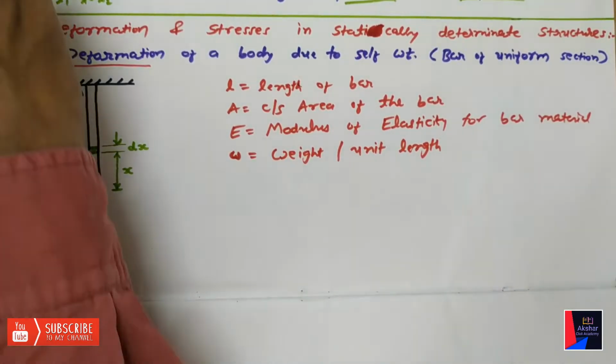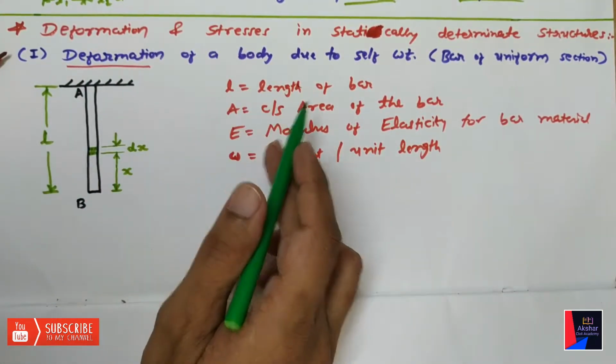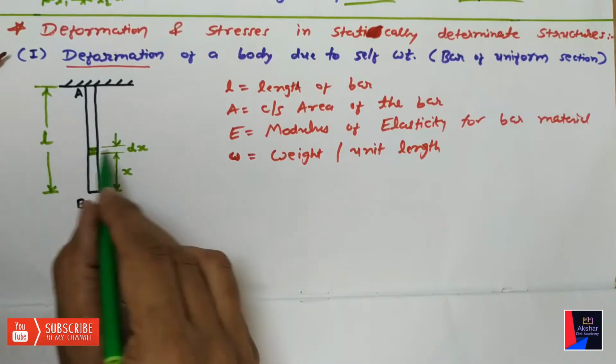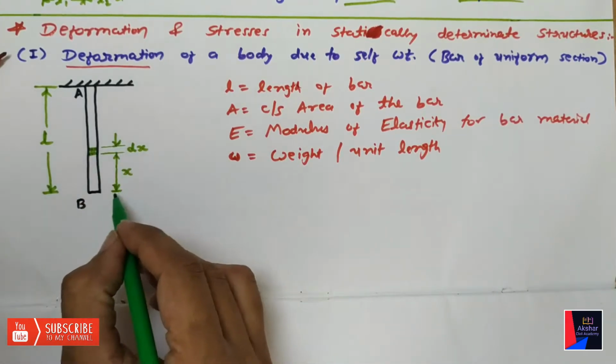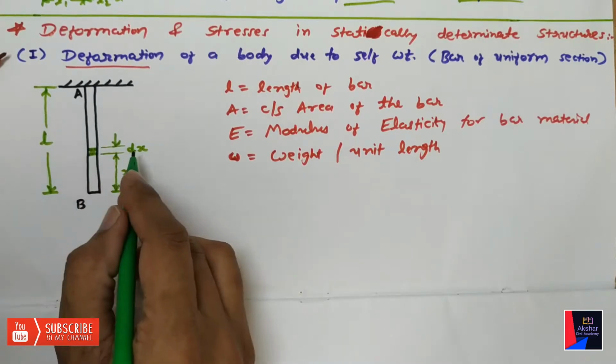Now, to find the total deformation, total elongation, first of all we will consider a small elementary strip at a distance x from point B, and the length of the element will be dx.